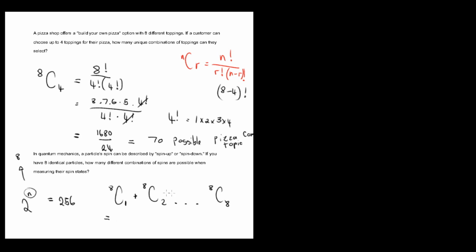Now, how do I solve the sum of all these combinations? Well, for this, I'm actually going to use Pascal's triangle. So let's go find it. So 1, 1. I'm going to construct a triangle until we can find the 8th row.